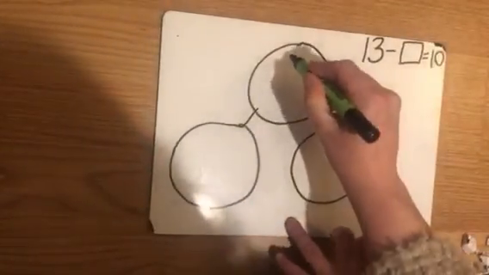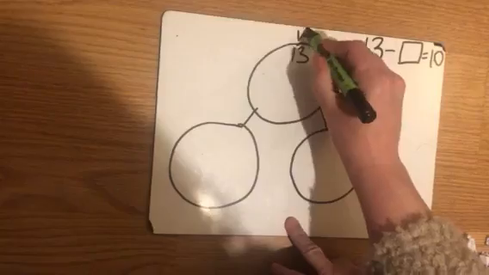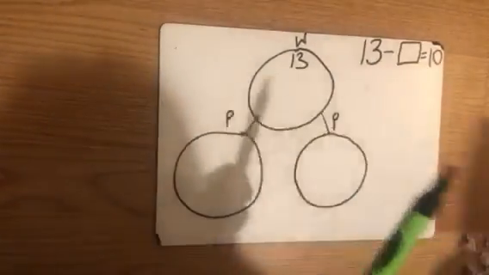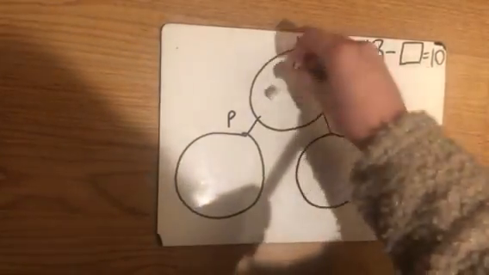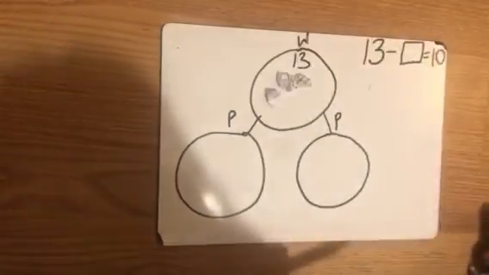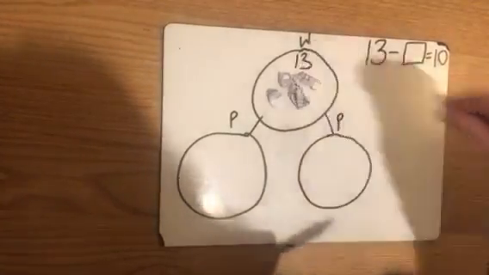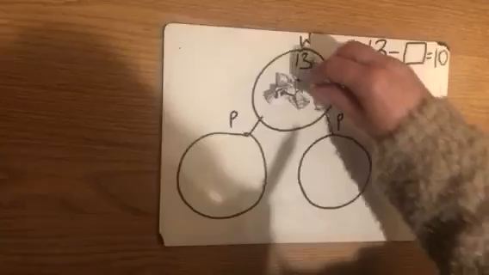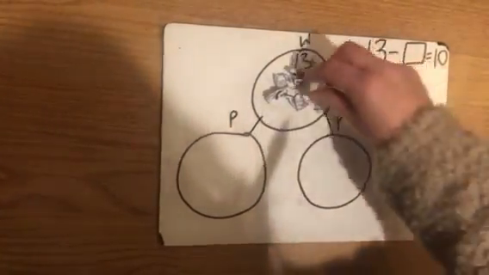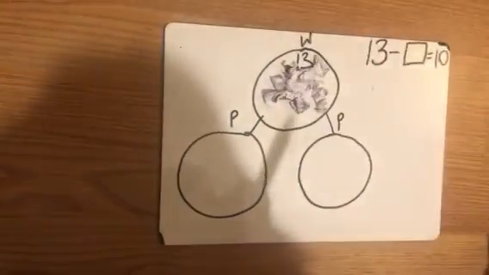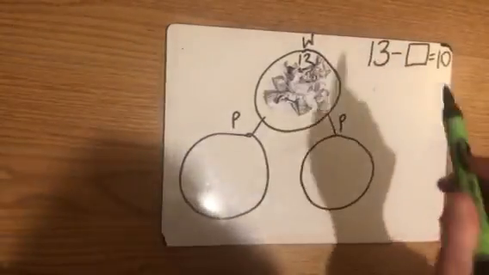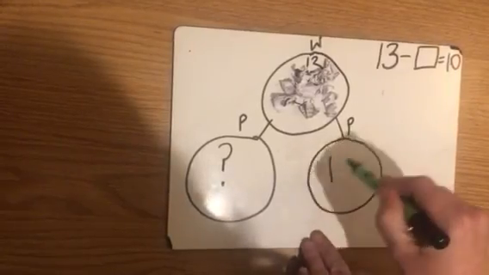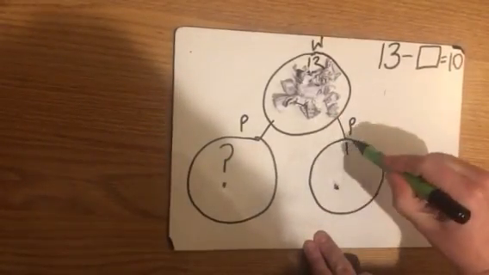So again, we're going to write the number 13 in here, just so that when we move our pieces of paper around to check, we don't forget what number was in there. So let's count. 1, 2, 3, 4, 5, 6, 7, 8, 9, 10, 11, 12, 13. Okay, so we don't know again what this part is, but we know that this part is going to be 10.